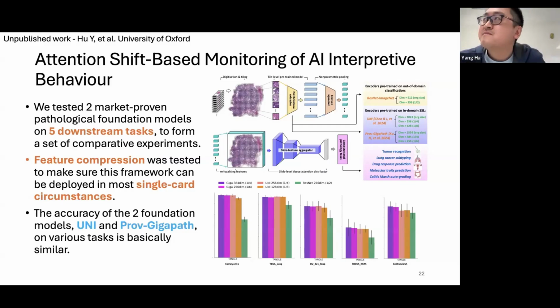First of all, we found that these foundation models perform very similarly. On accuracy and AUC, the area under the curve, the performance of these two foundation models is almost the same, and all good, all much better than ResNet.